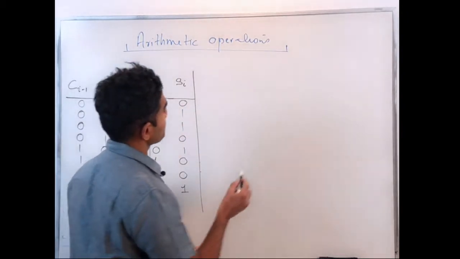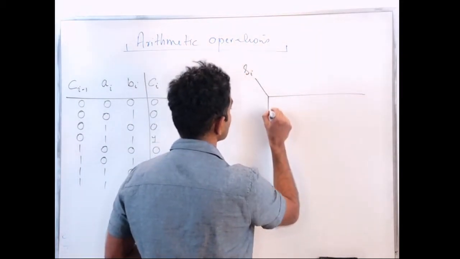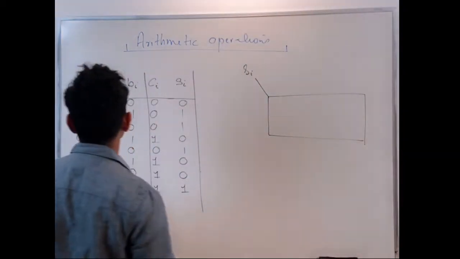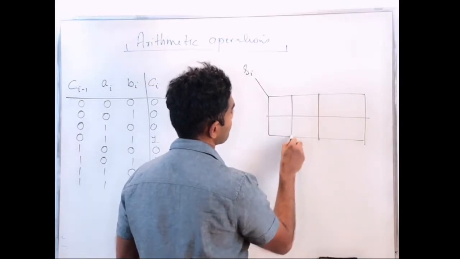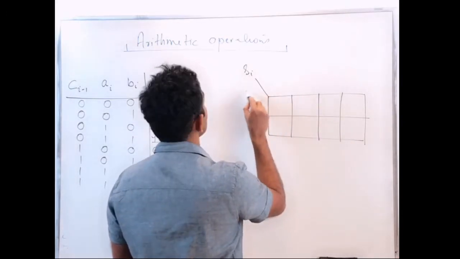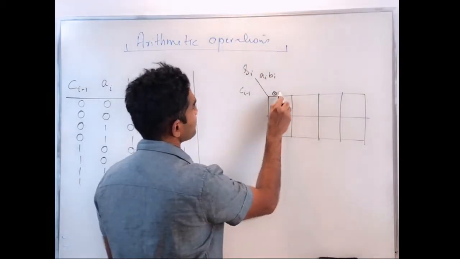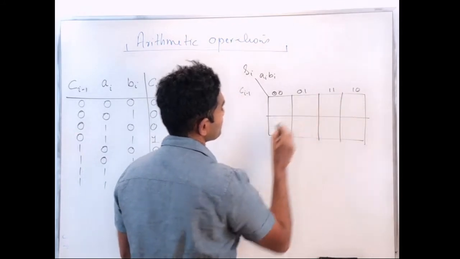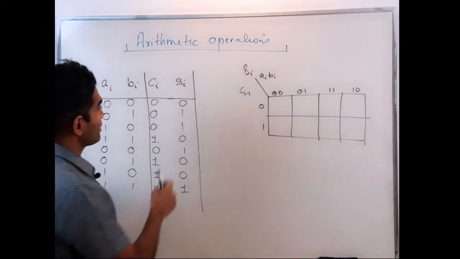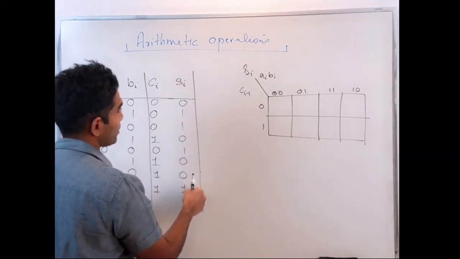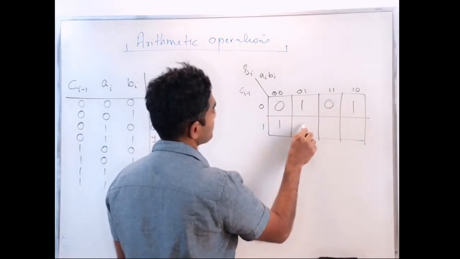Let's start with Si first. Okay, then the truth table will be between Ci minus 1, Ai and Bi. So I have different variations and put down the information: 0, 1, 1, 0, 1, 0, 0, 1, 0, 1, 1, 0, 1, 0.